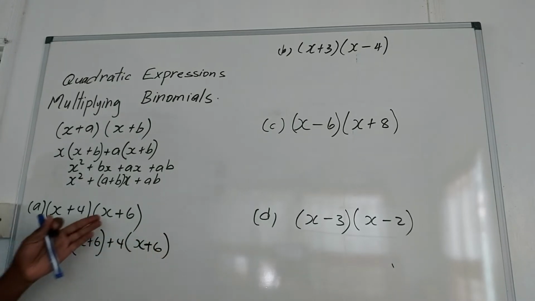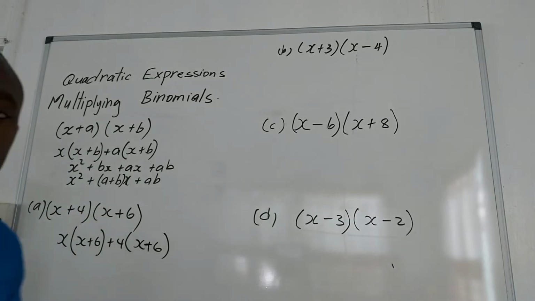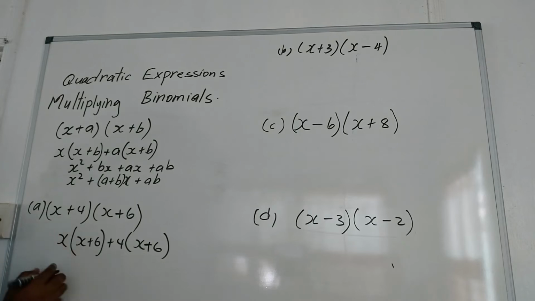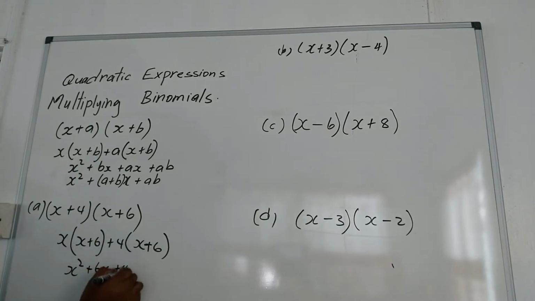So we multiply the second bracket by each term in our first bracket. Now, x times x will give us x squared. x times 6 will give us 6x. 4 times x, 4x. And 4 times 6 will give us 24.